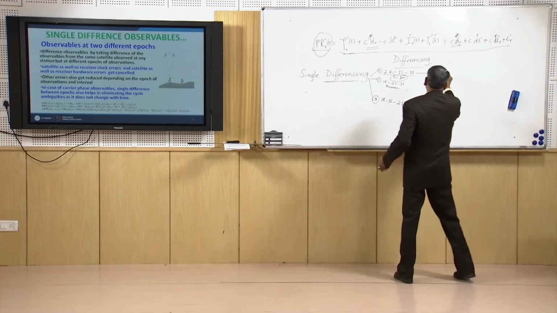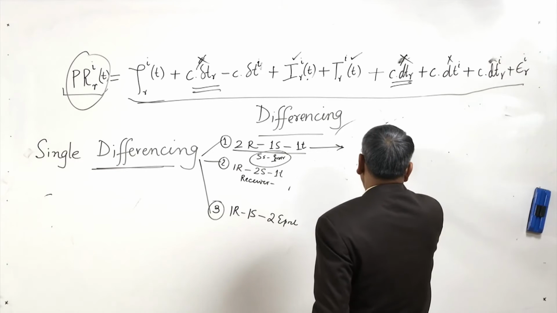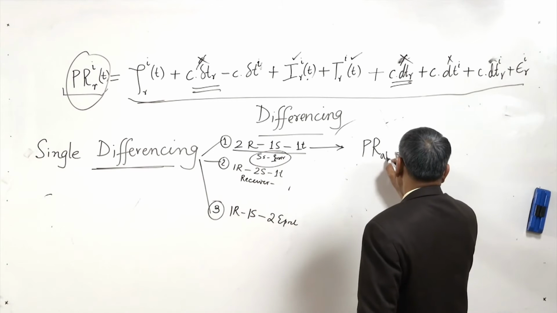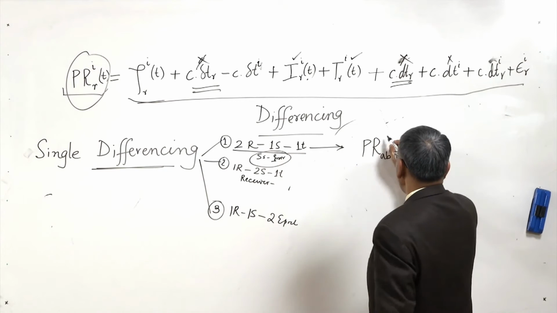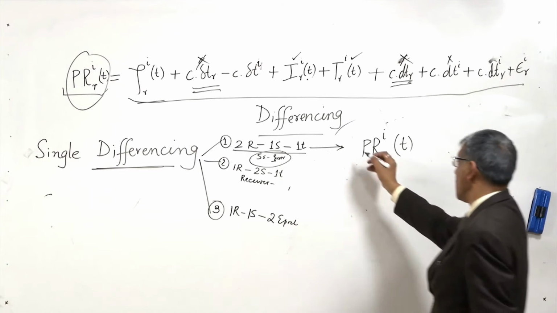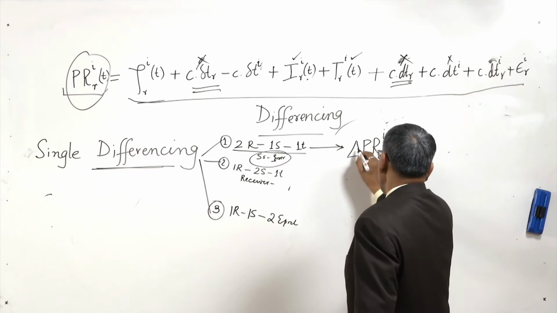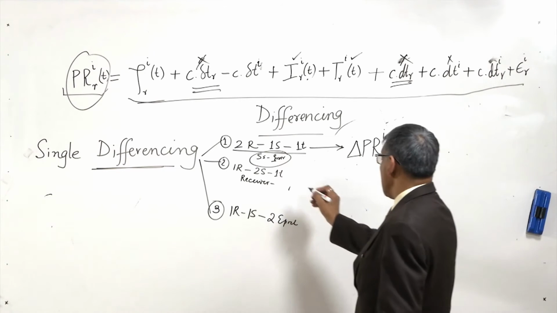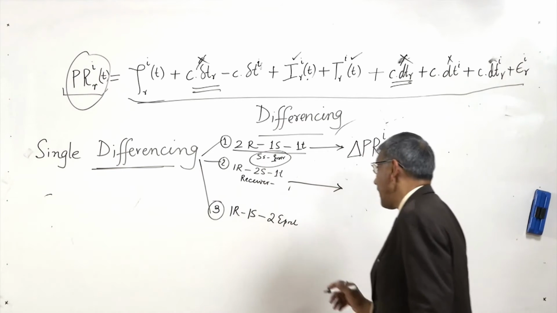We get the single difference between two receivers, A and B, from the same satellite at the same instant of time.